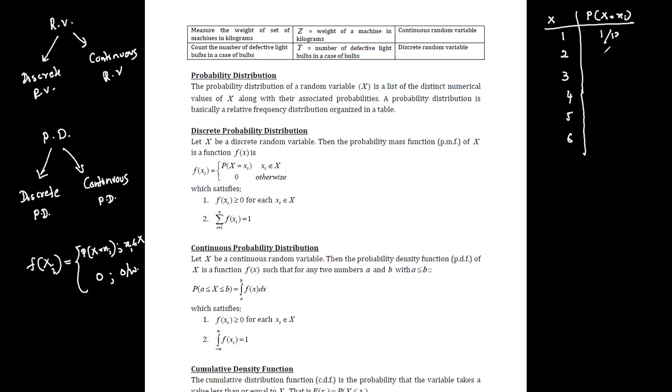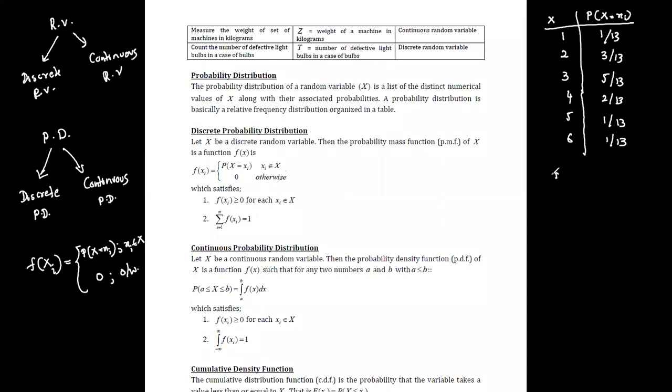According to the previous example, they were 1/13, 3/13, 5/13, 2/13, 1/13, and again 1/13. This is meant to be a probability distribution. We can identify this as a discrete probability distribution, because here the random variable x is a discrete random variable.